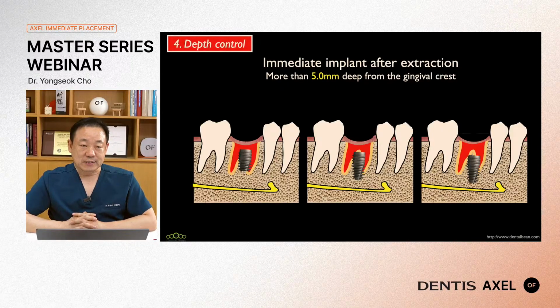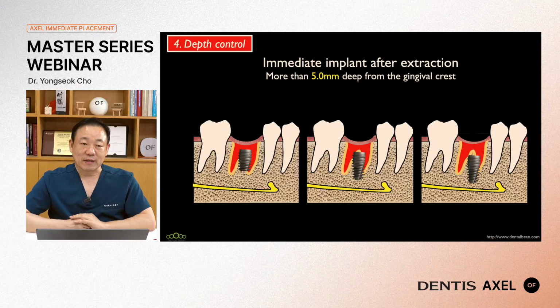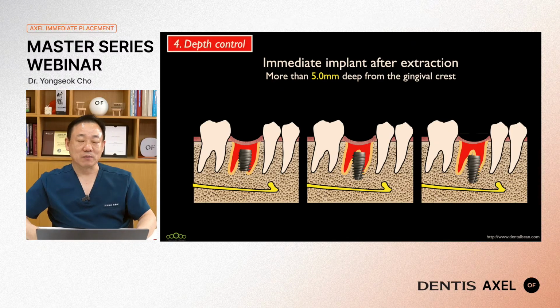We can verify the depth of the implant finally after connecting the healing abutment. I like to connect a 5 millimeter long healing abutment basically. Sometimes I connect a 7 millimeter gingival height healing abutment.